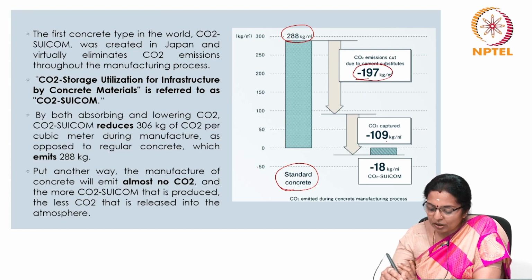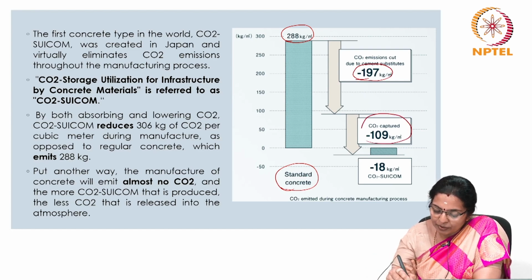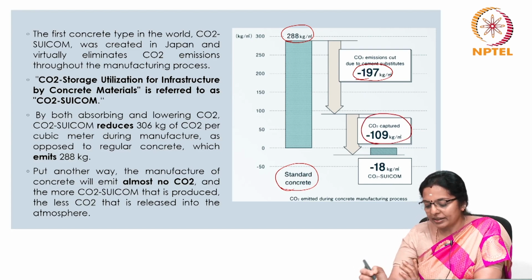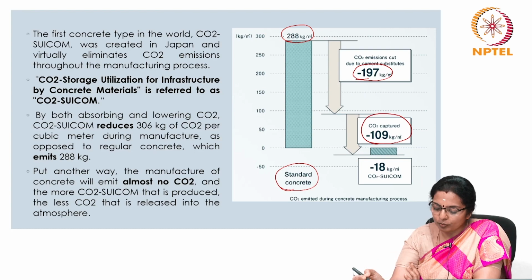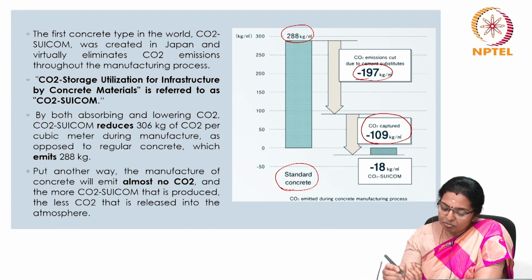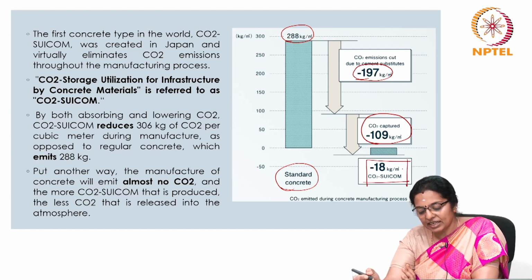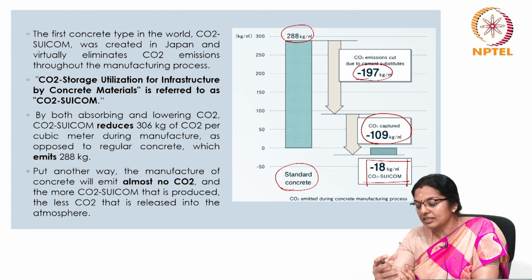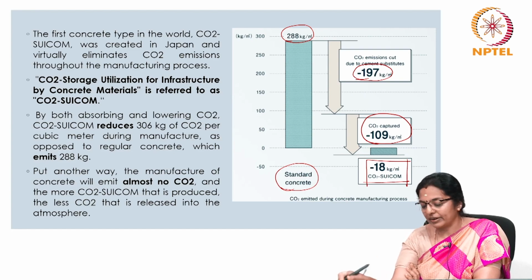Now this carbon dioxide, by virtue of being captured, could again reduce it by 109 kg per cubic meter, resulting in a material which is actually carbon negative by minus 18 kg per cubic meter. And thus I feel this is a wonder material in a way.